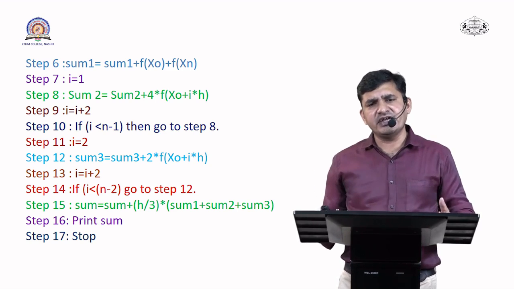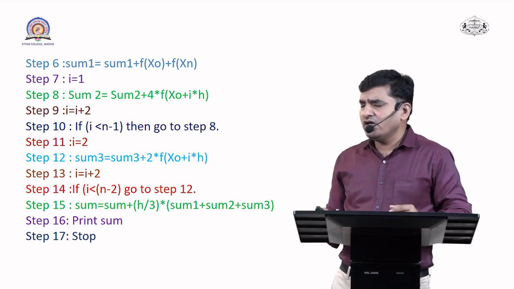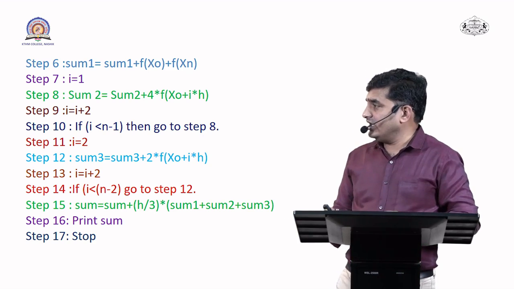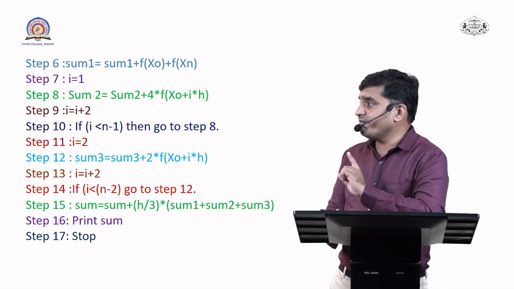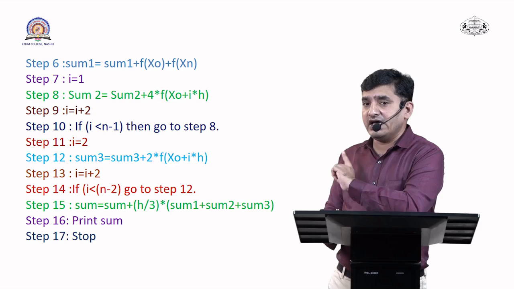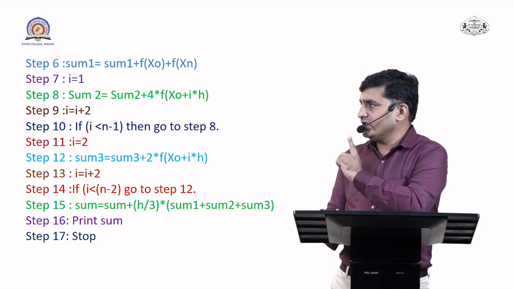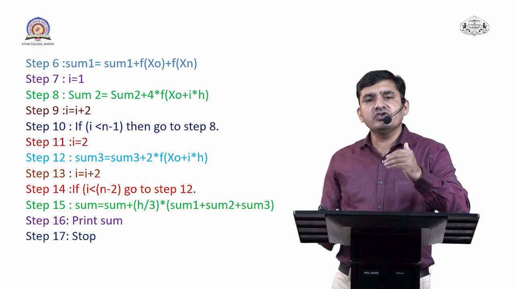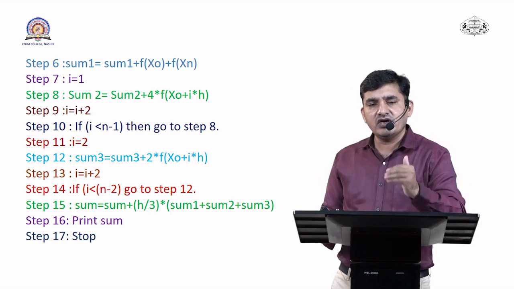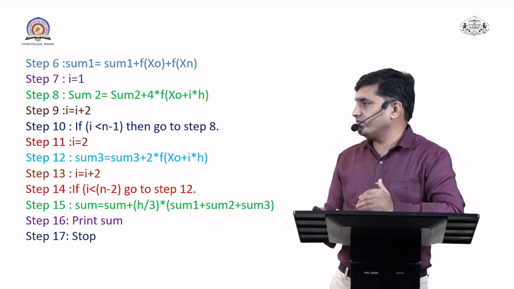That is, I is incremented by 2, and check the condition: I is less than or equal to n minus 1. If I is less than or equal to n minus 1, then go to step 8, so that we get all odd terms.